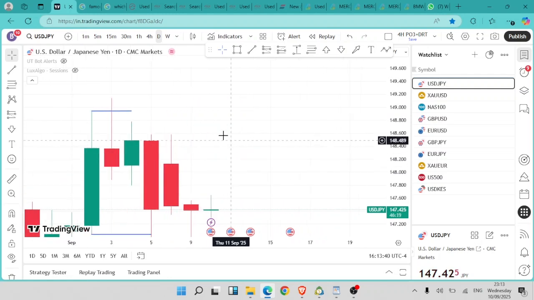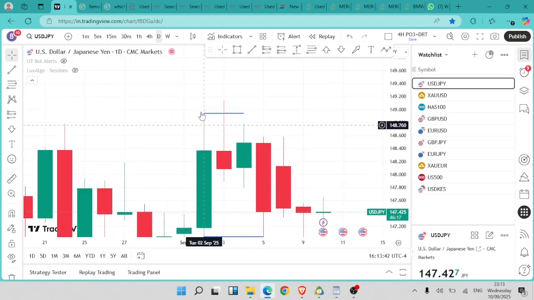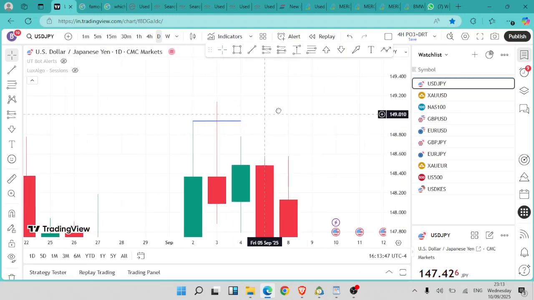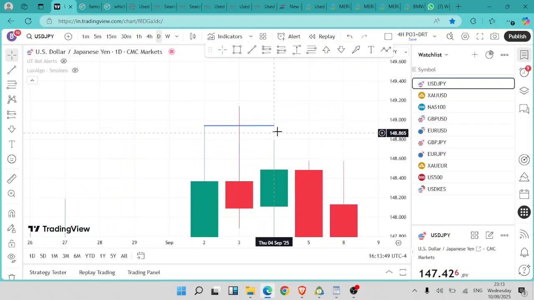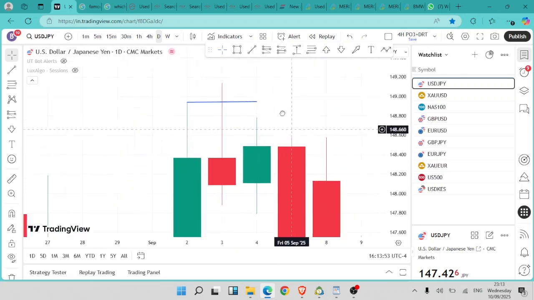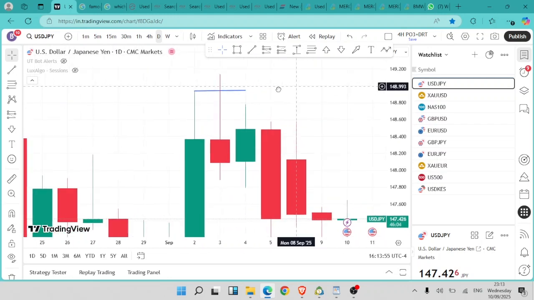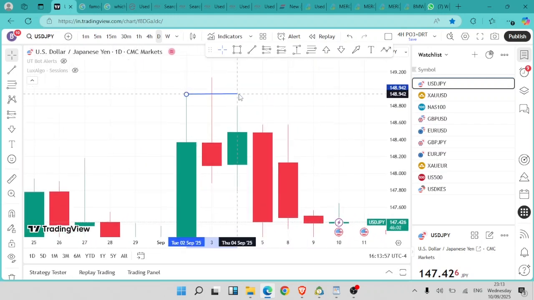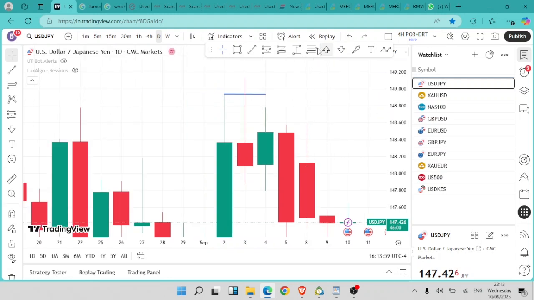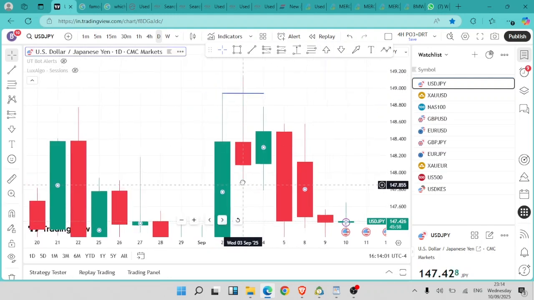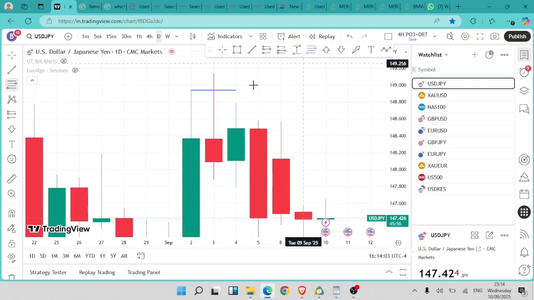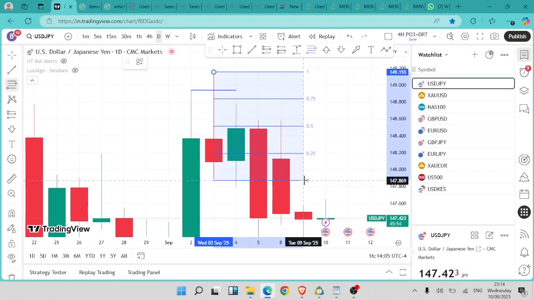And then the Wednesday candle sweeps the high of the Tuesday candle, which is pretty much the previous day high. So if this is happening, bringing my model here, this manipulation candle gives us a dealing range.